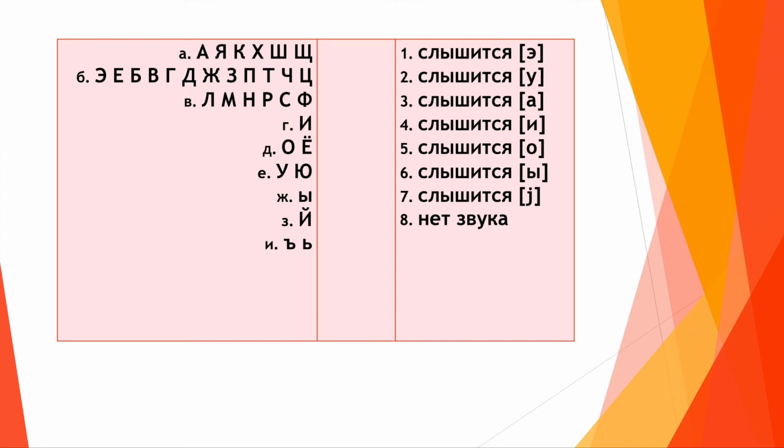A, Ya, Ka, Ha, Sha, Sha. So what's the common sound we can hear while pronouncing all of those letters? I'm going to repeat the sounds for you again. E, U, A, I, O, Y, or no sound.